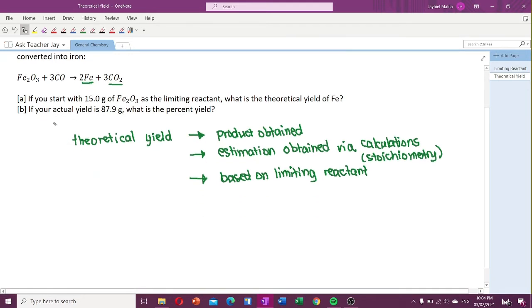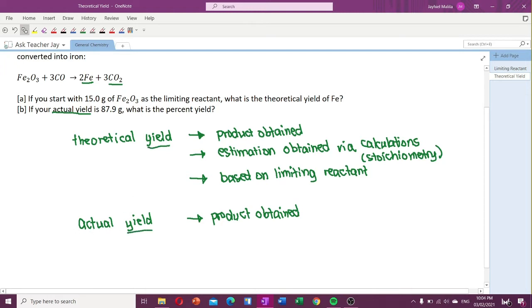We have another word here, which is the actual yield. Actual yield is from the word actual. It's still the product obtained. They still have the same meaning in terms of the word yield.